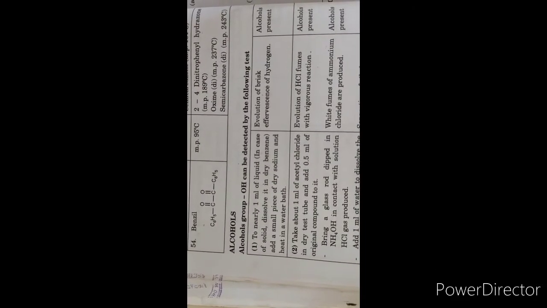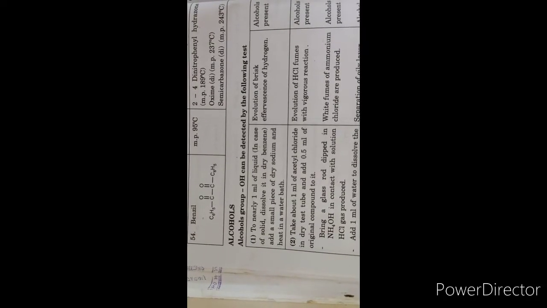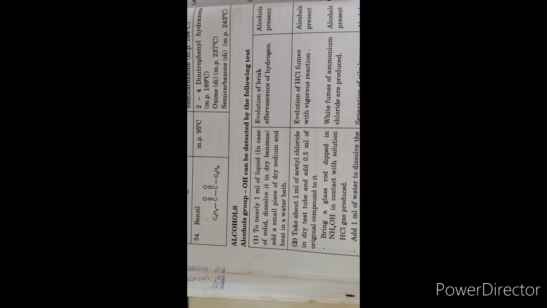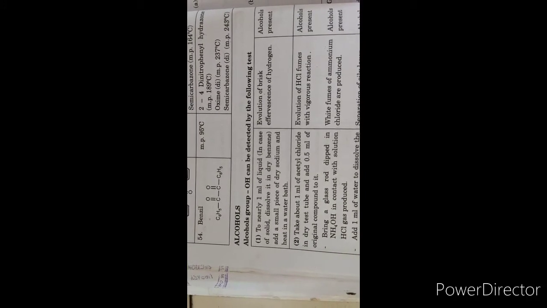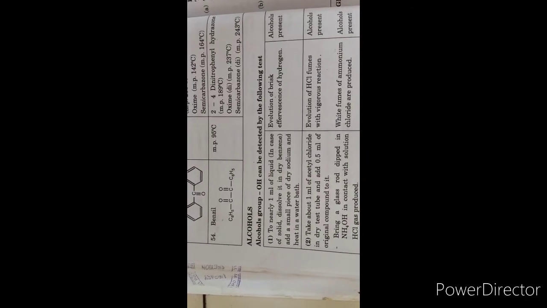The next test we are going to perform is the test for alcohol. For this test we have to take 1 ml of liquid and add a small piece of dry sodium and heat it on a water bath. If there is evolution of brisk effervescence of hydrogen, alcohol is present.